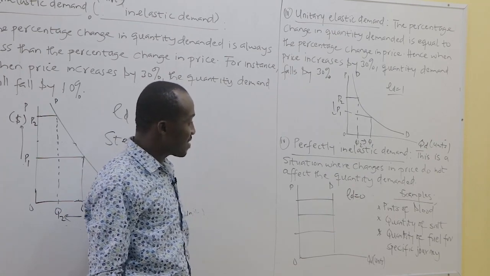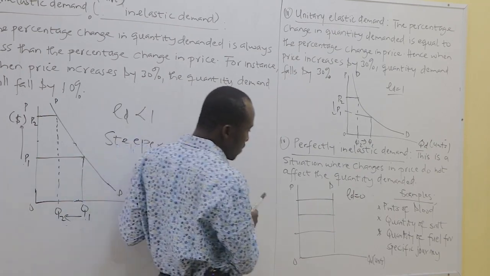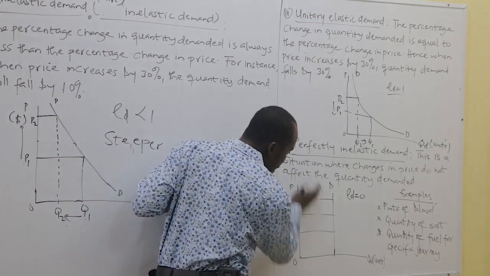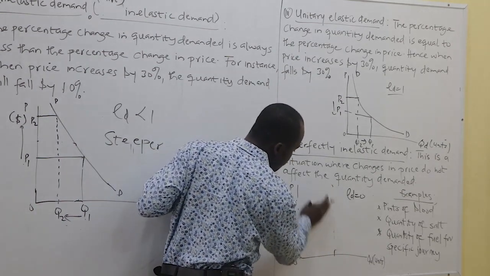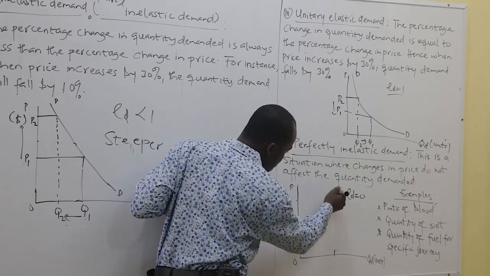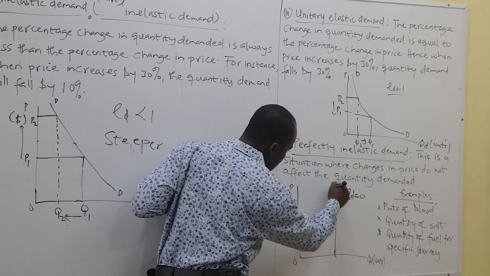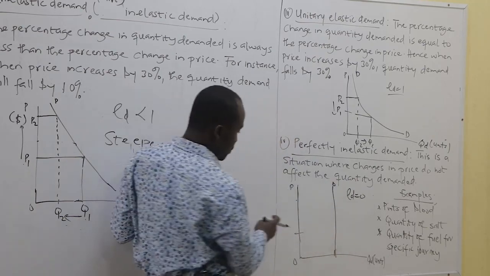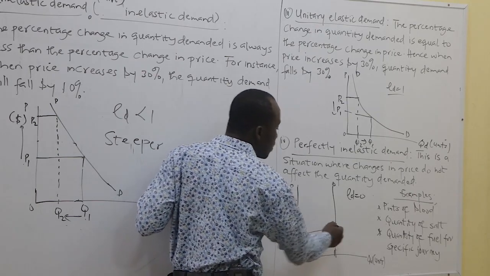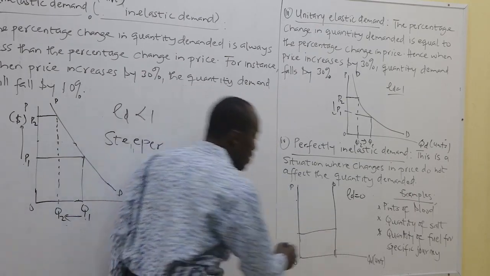With fairly inelastic demand, when price changes, let's look at this diagram. Let me sketch something for you to see. The price was here. The quantity demanded was still constant.